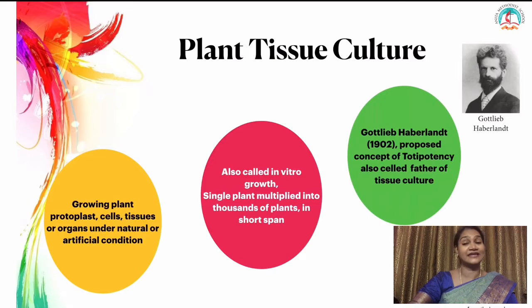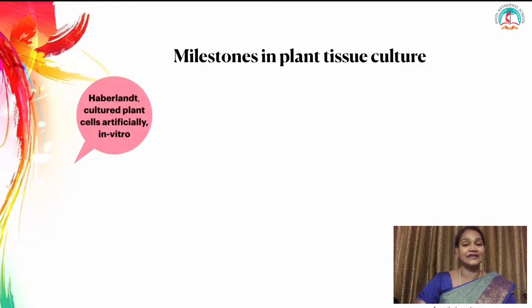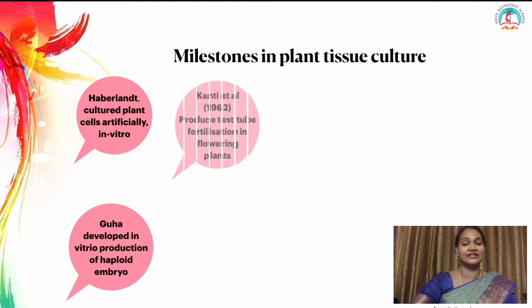Let's learn more about the scientists involved in the study of plant tissue culture, the milestones in plant tissue culture. Haberlandt cultured plant cells artificially, that is in vitro. Later, the scientist Guha developed the in vitro production of haploid embryos. The scientist Kanta et al. in the year 1962 produced test tube fertilization in flowering plants.